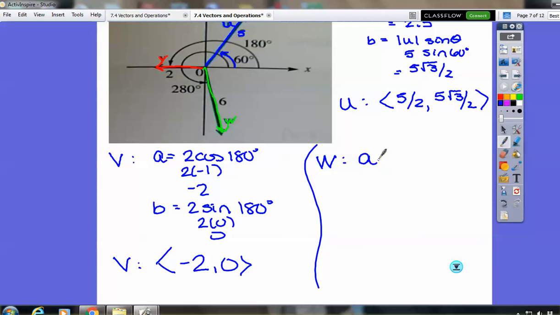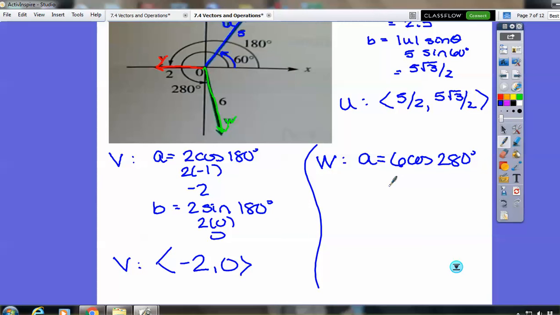Okay, vector w. So what is my magnitude of w? 6 times the cosine. What is my angle? 280. Do we know the cosine of 280? No. So we're going to do this one on our calculator. Just type in 6 cosine 280.